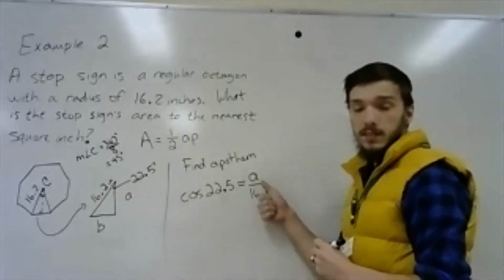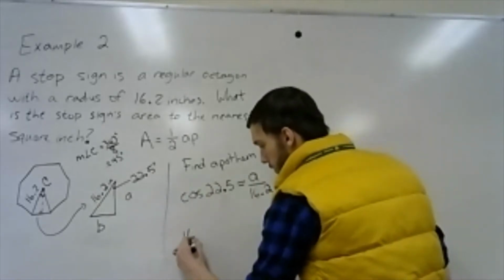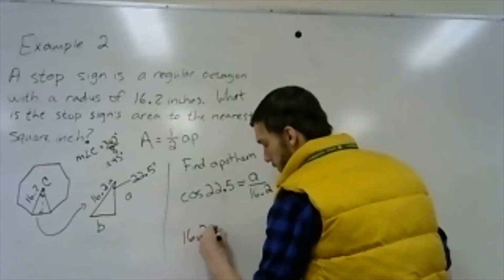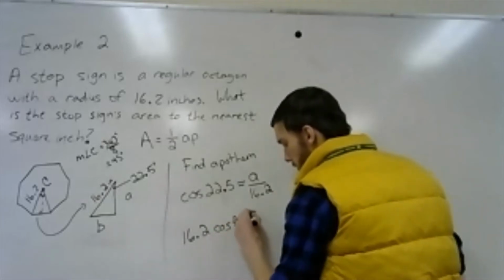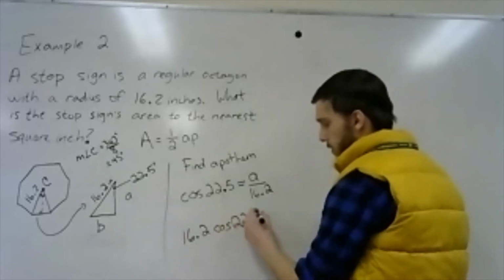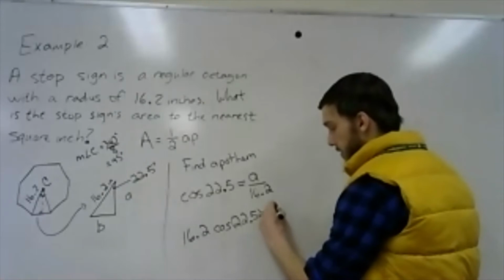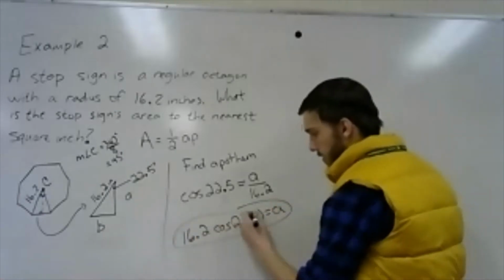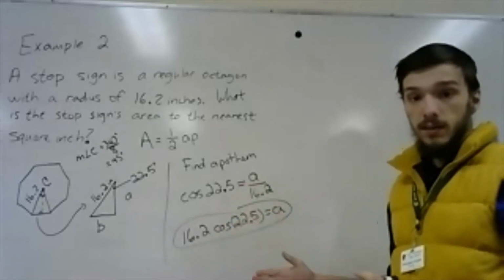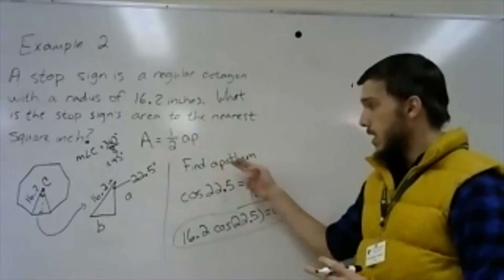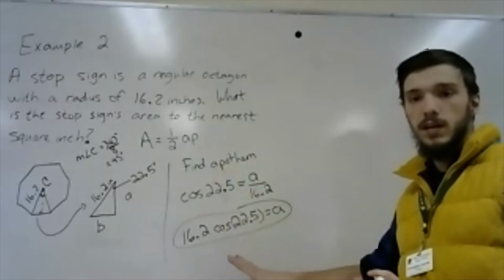To get A by itself, we're going to multiply the 16.2 over. So we get 16.2 times cosine of 22.5 degrees, and that is our A, our apothem. We're just going to leave the cosine in here for now, and we'll simplify it later.